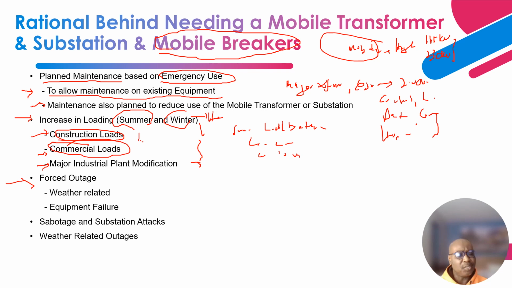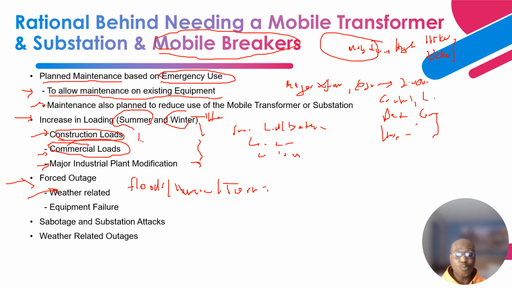The other criteria that supports the rationale behind needing a mobile transformer or substation is a forced outage, and this can be related to weather. We have seasonal floods and hurricanes. Hurricanes can cause a lot of destruction, and tornadoes, right?